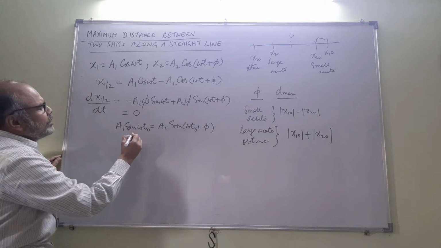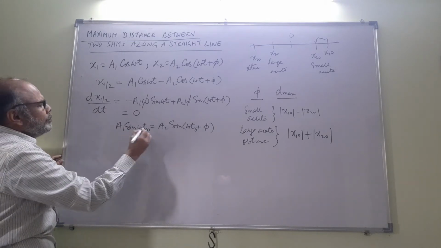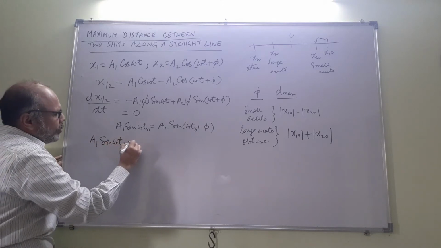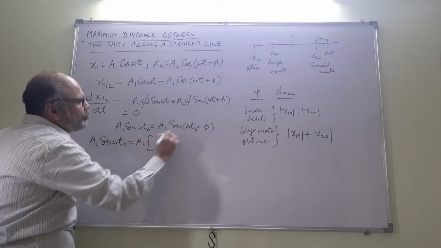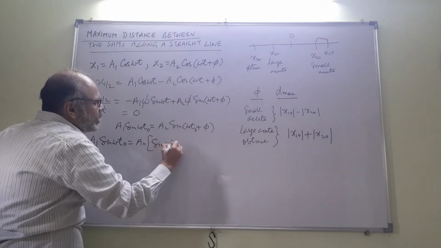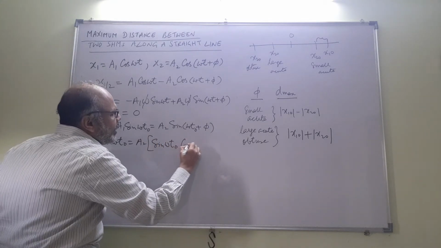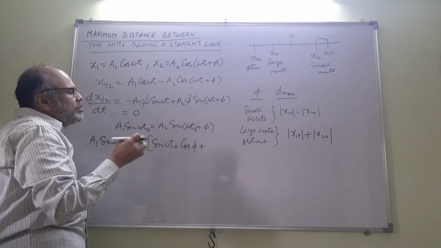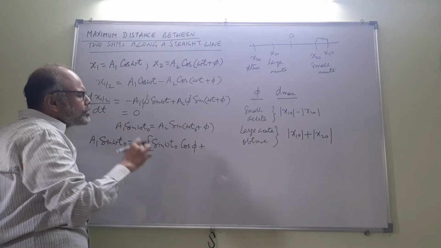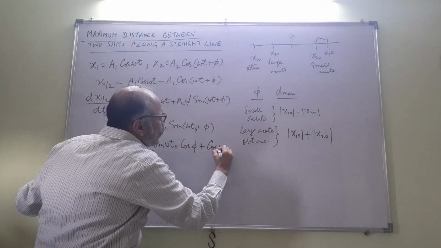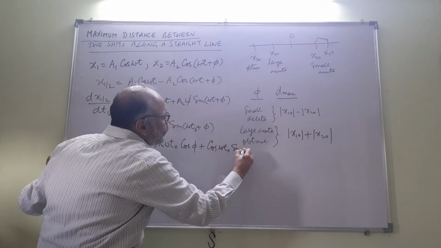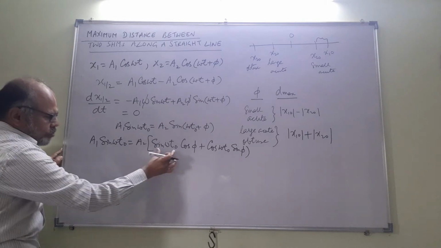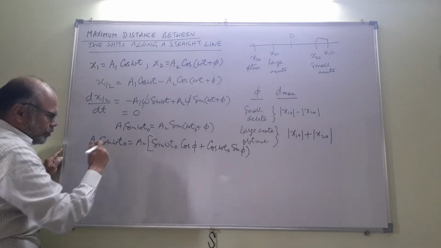So let us find sine omega t naught. Let's open this up. This will be sine of omega t naught cos phi. Sine of a plus b is sine a cos b plus cos a sine b. So this will be plus cos of omega t naught sine of phi. Now sine omega t naught, let's bring it to this side.